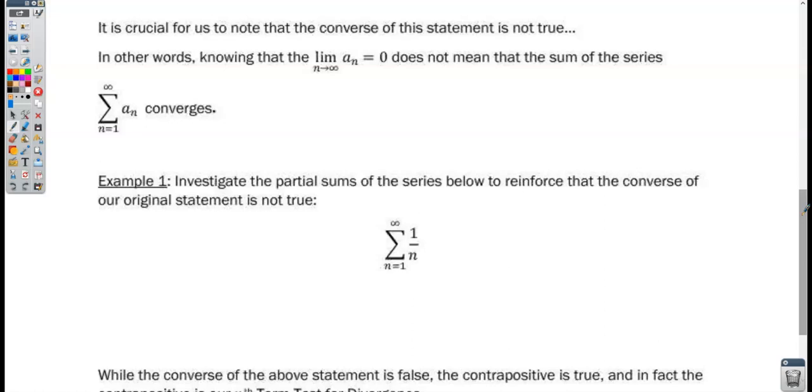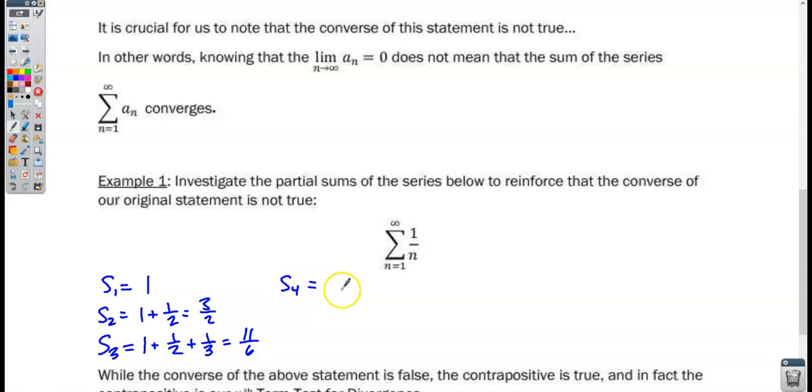All right, let's look at example 1. We're going to investigate the partial sums of this series to reinforce that the converse of our original statement is not true. And we have looked at the partial sums of this before. The first partial sum is just 1. And then the second partial sum is 1 plus 1/2, which is 3/2. And then the next partial sum is 1 plus 1/2 plus 1/3, which is going to be 11/6.